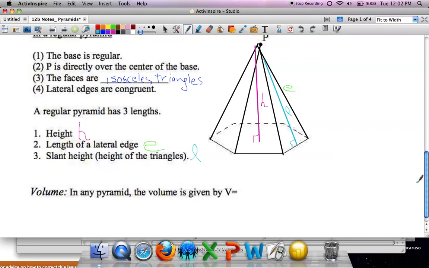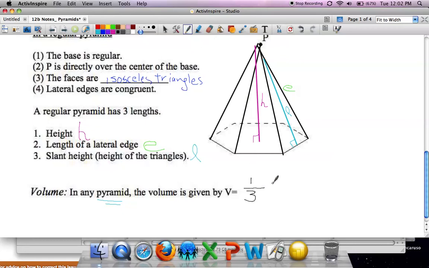In any pyramid, the volume turns out to be, our magic fraction is 1/3. It's 1/3 of the entire, if it was a prism, in other words, if we were to make this a prism, which would mean that there were two bases, it's 1/3 of a prism formula.